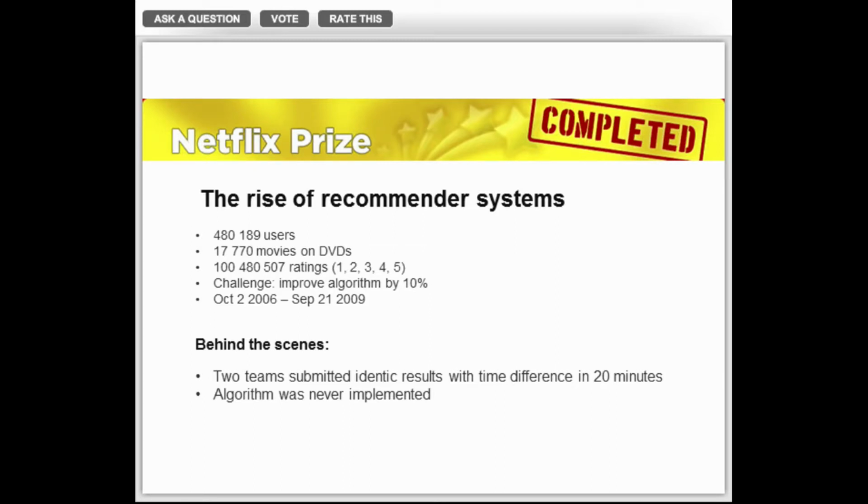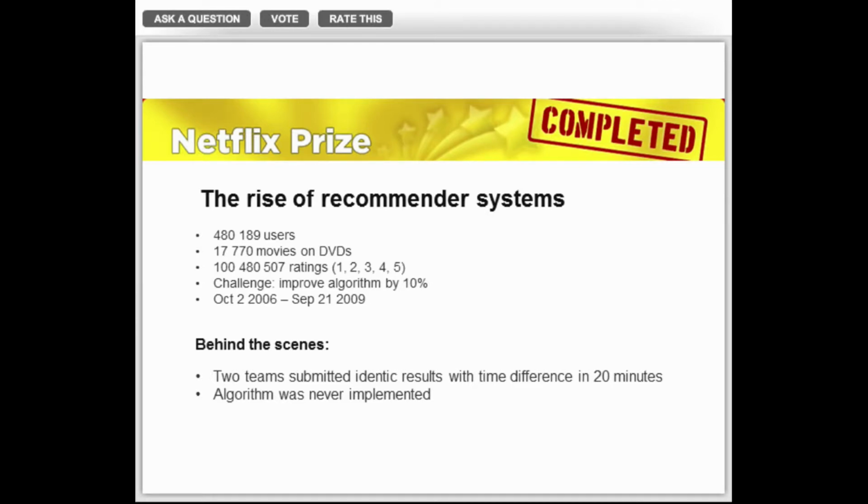It took 3 years to improve this algorithm. Actually, if you divide 1 million by 3 years, it's 300,000, which is not that bad a salary, I would say. So it was worth spending these years on it. But the interesting story here is what was left behind the scenes.